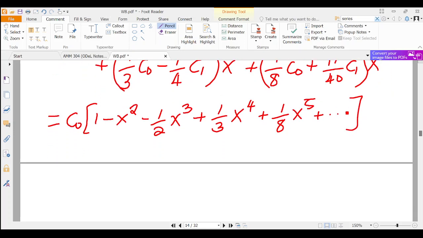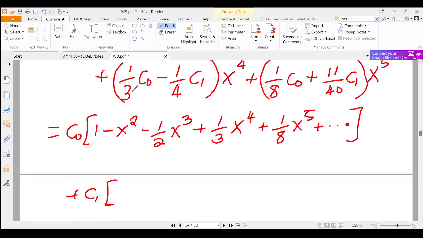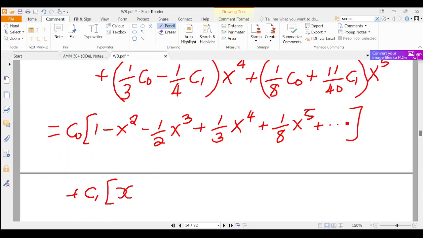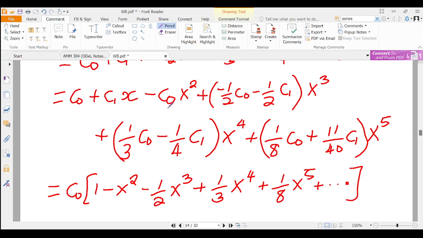Then C1, if you look at this, you see that the first term is C1 x, so we have x. The next one we have minus 1/2 x raised to the power of 3. Notice that we don't have C1 x squared.